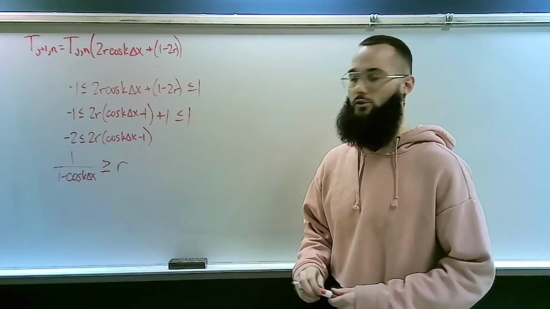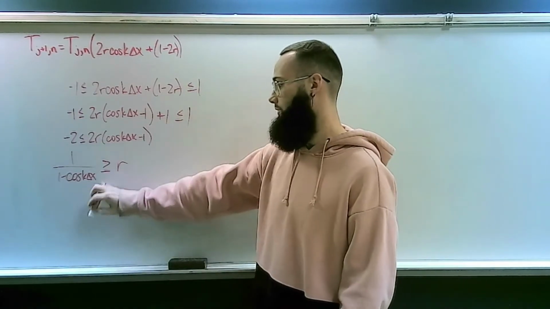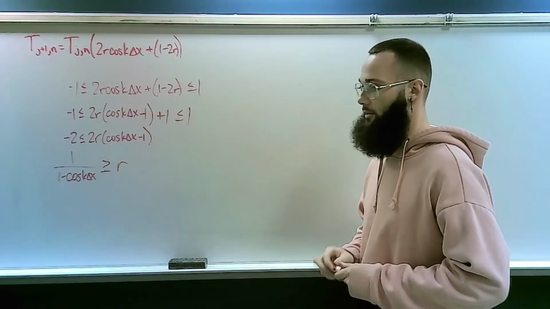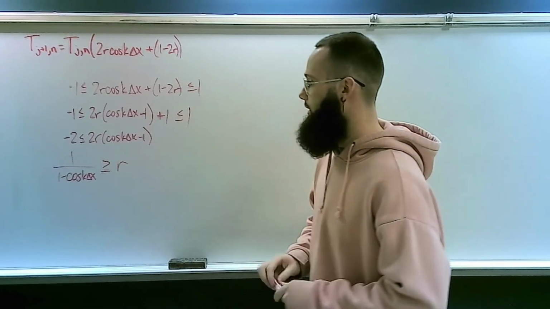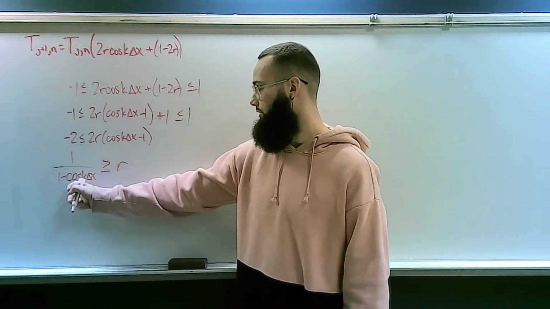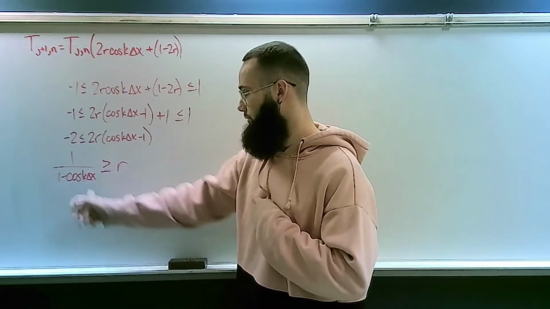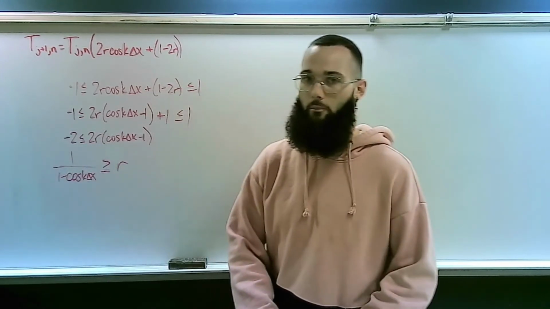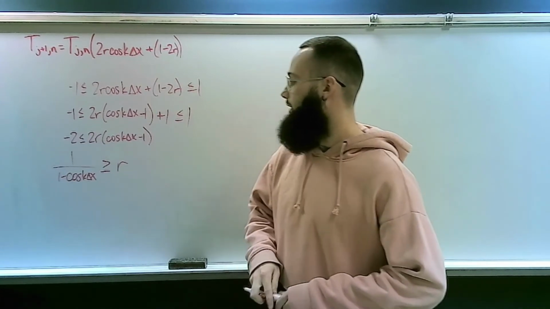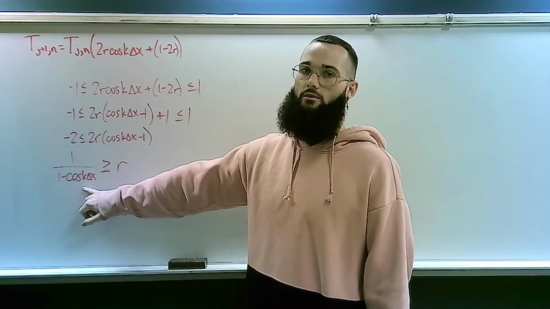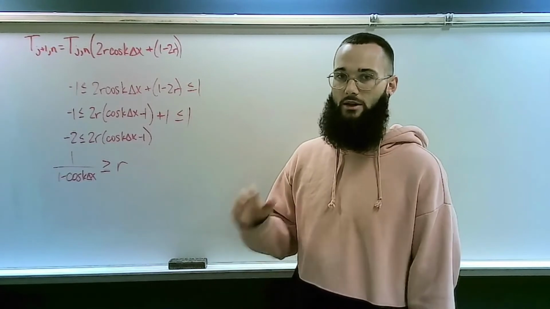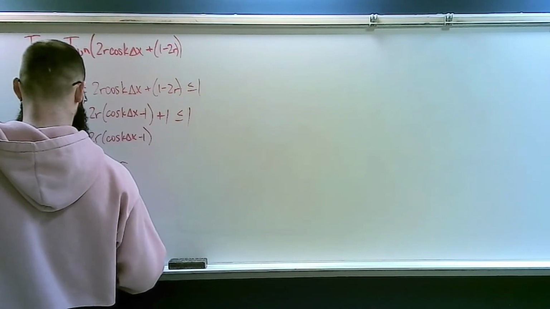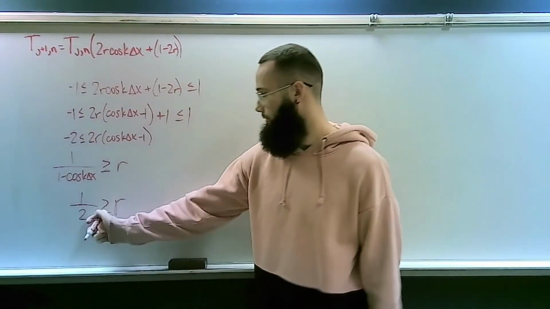And so this will give us a very good visual of how k affects r. So we want to figure out what is the largest value of r that can be determined by k. So again, because cosine cannot be greater than 1, we know that 1 minus cosine kΔx, and because cosine kΔx at its minimum can be -1, we know that the lower bound is 1 over 2.